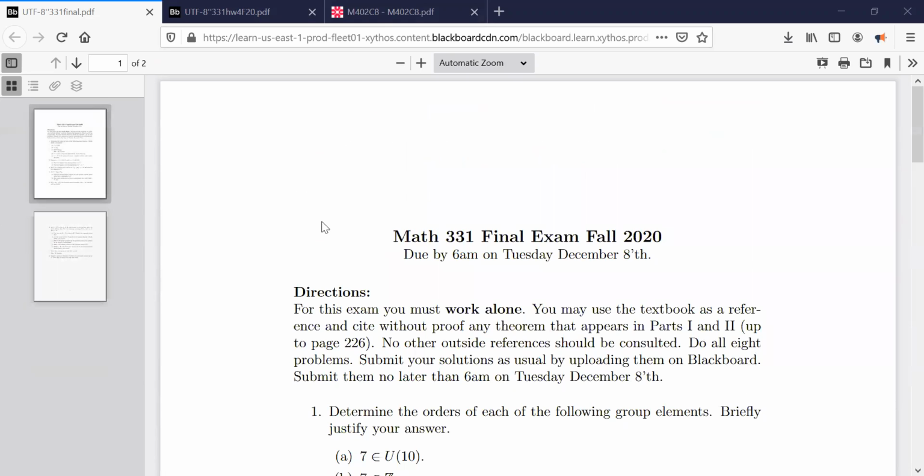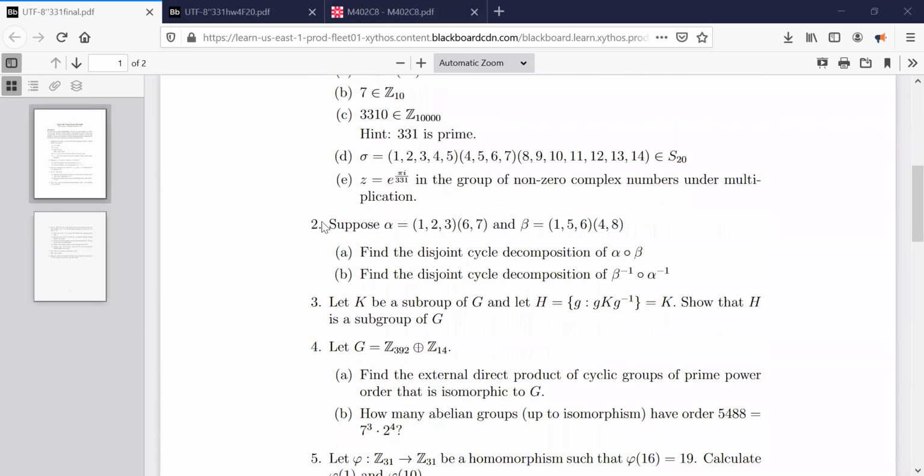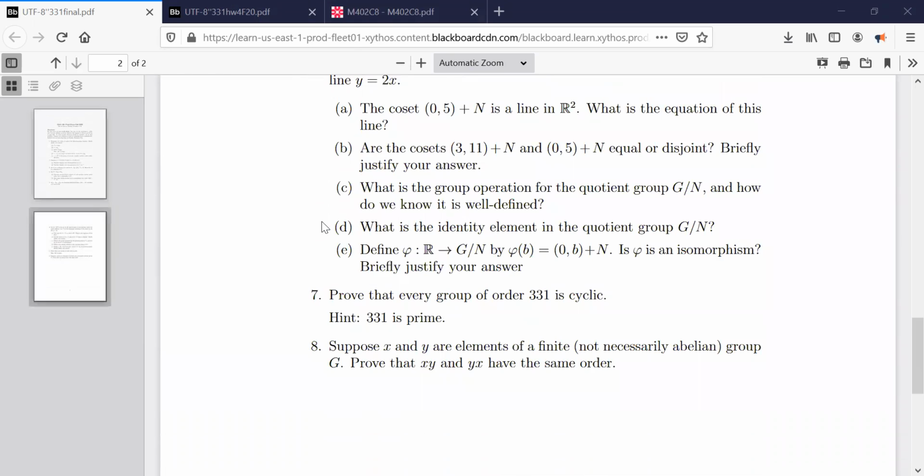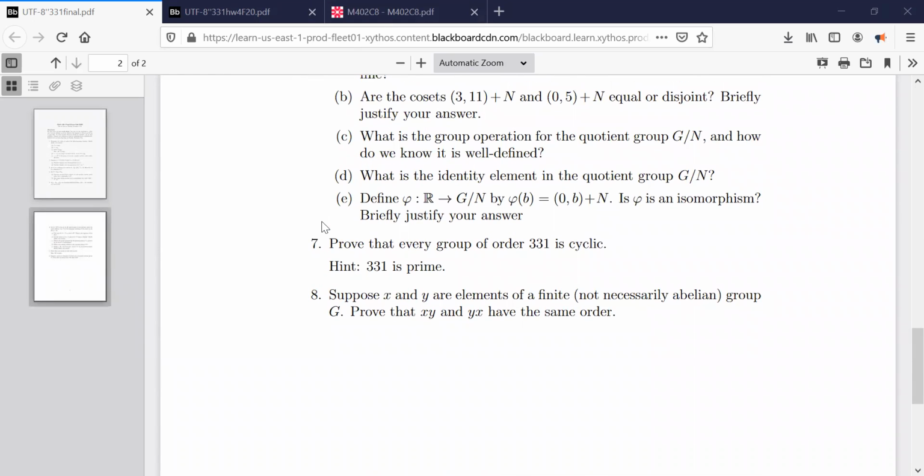I had one as well. Can you just remind me for 7, what it is that we need to show to prove that it's cyclic? I mean, without giving us the whole answer, I guess. Okay, so if it's not cyclic, then that tells us that we need more than one element to generate it, right? Yeah.